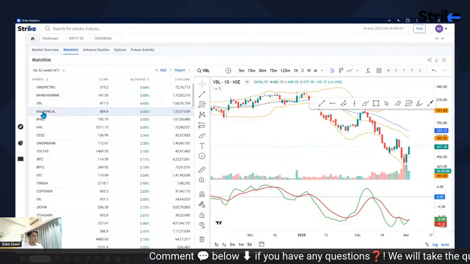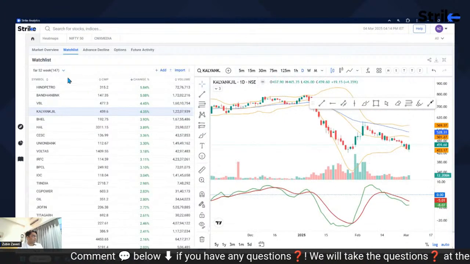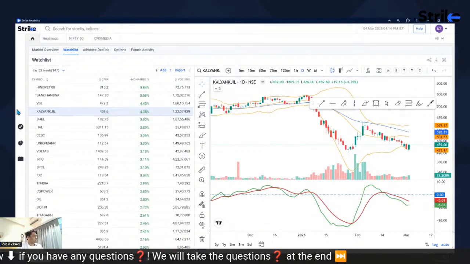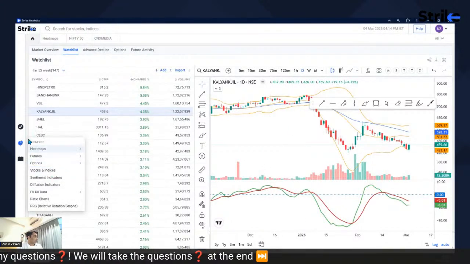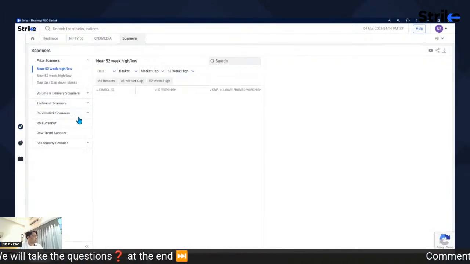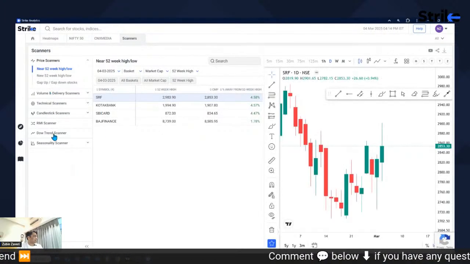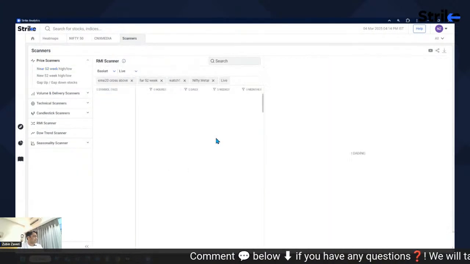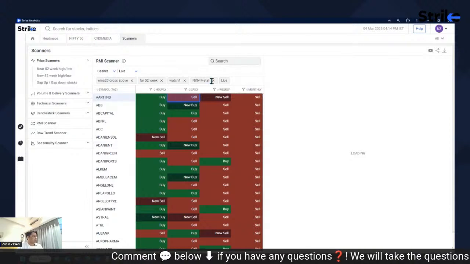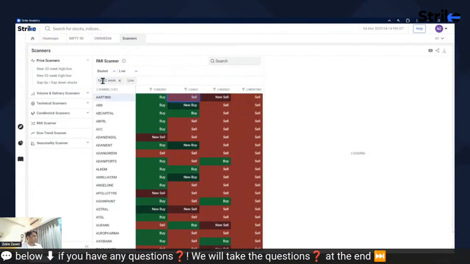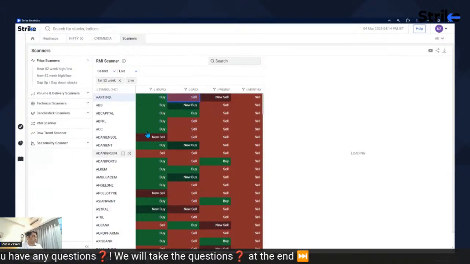Okay, so this way you can create your own watch list, and in this watch list, if you want to filter out further, you can go to the scanner section over here. In the scanner section you can select, let's say, the RMI scanner once again, and in this RMI section you can have your 52-week fast, so 147 stocks over here.